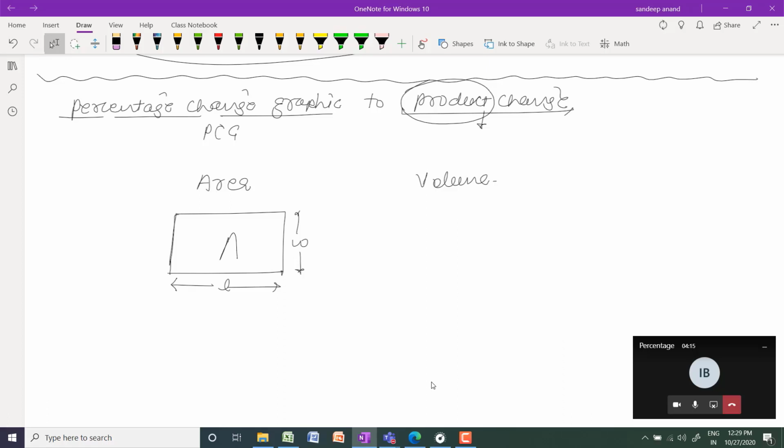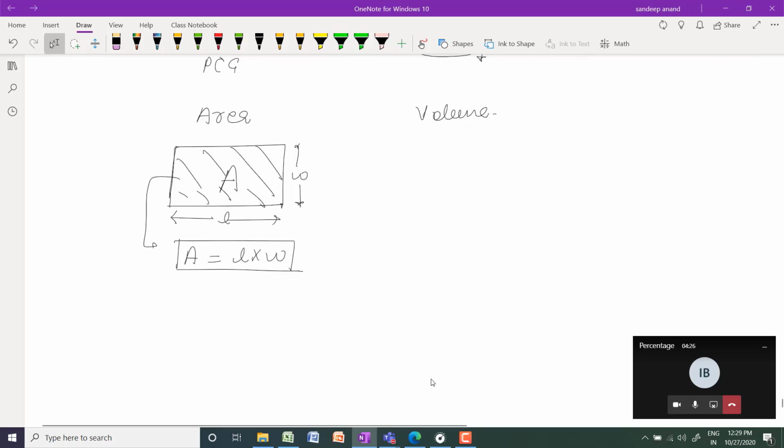So my area of this rectangle will be what? This area will be length into width. Yes or no? Yes, sir. Length into width, this is multiplication. This length into width is actually a product of two variables. Two variables means length and width, right?